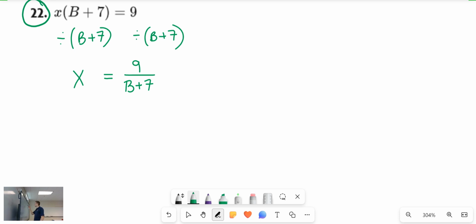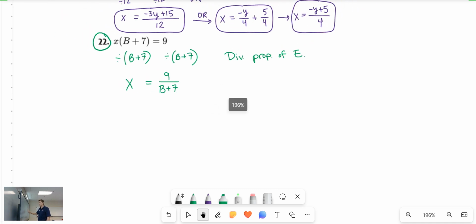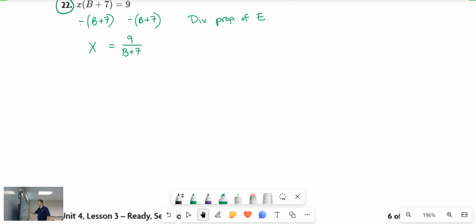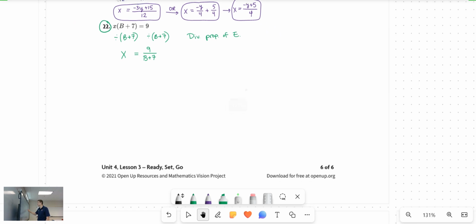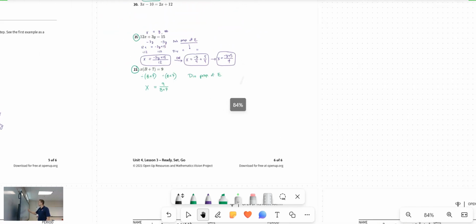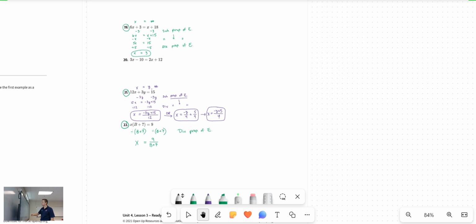The reason for this is the division property of equality. Perfect. So it's a one-step problem. It looked kind of ugly, but that will work totally fine. And that actually wraps up this Unit 4, Lesson 3 homework help.